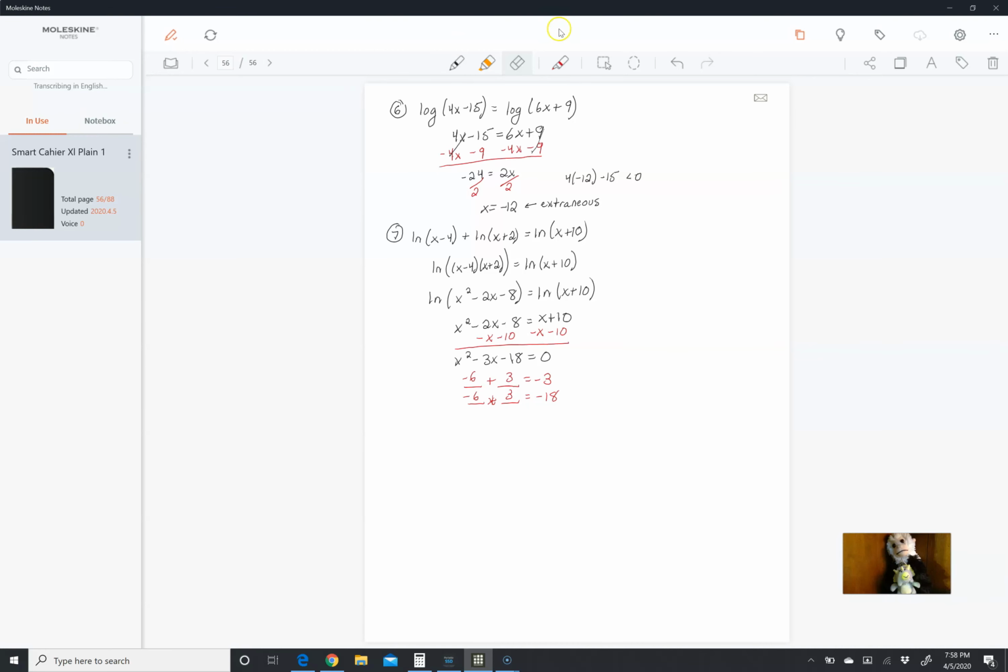Our factors are x minus 6, x plus 3 is equal to 0. So x minus 6 equals 0, meaning x equals 6. And x plus 3 equals 0, meaning x equals -3.